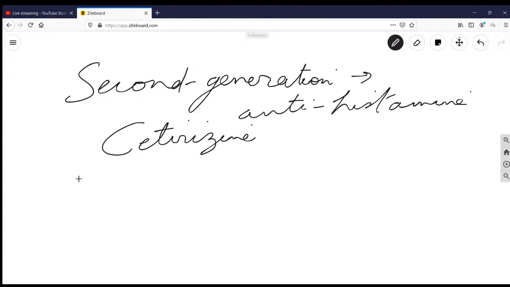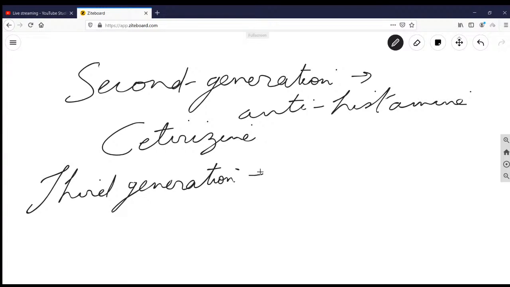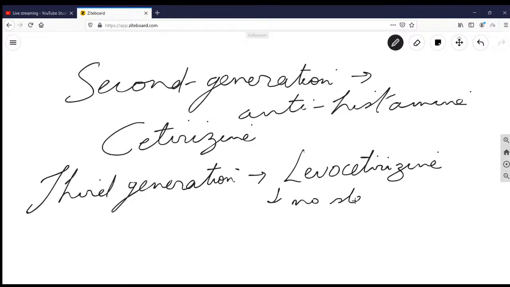The third generation one causes less drowsiness, or doesn't make you sleepy. Cetirizine used to make you sleepy. If you take it, you will feel sleepy. But if you take levocetirizine, it doesn't make you sleepy. No sleepiness, no drowsiness. Why?